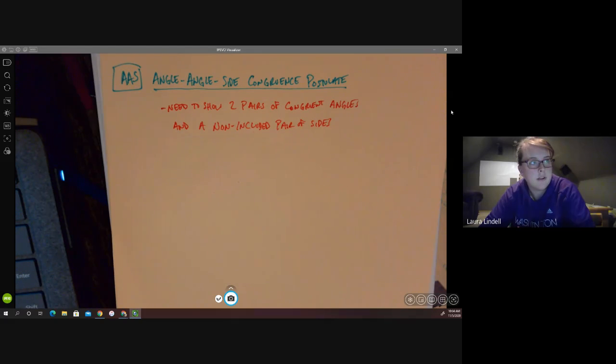Okay. So this is the same idea, except one of the sides is not included. It's not the one that's in between the two angles.